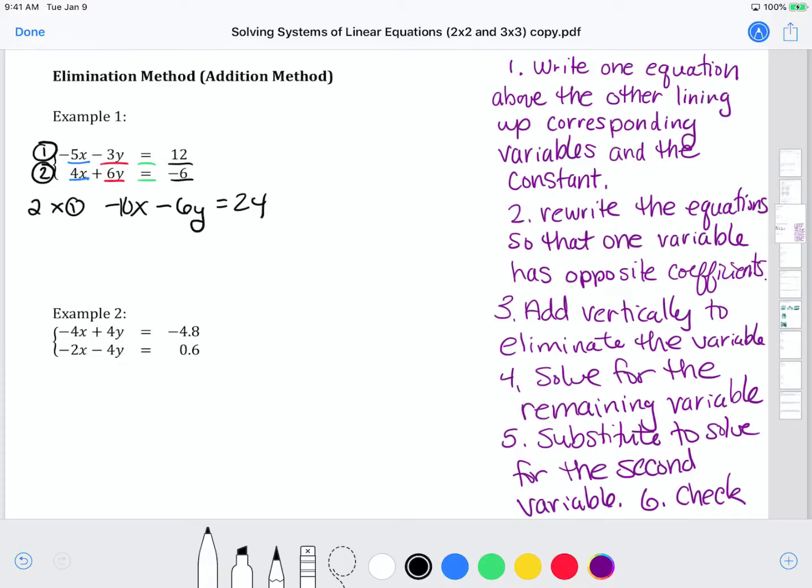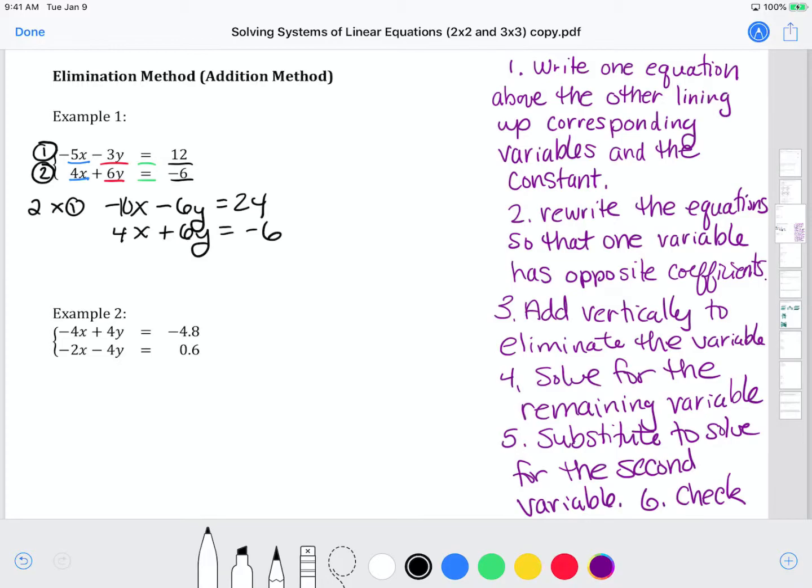Now, that makes my y coefficients have the same number but opposite signs. So what I'm going to do now is just rewrite down equation 2. So we've completed step number 2. We rewrote the equation so that one of the variables has opposite coefficients.